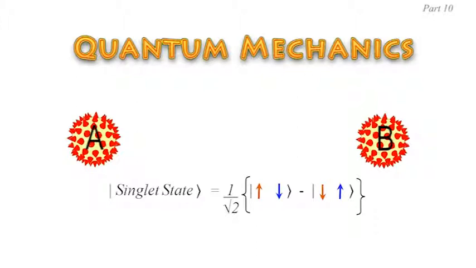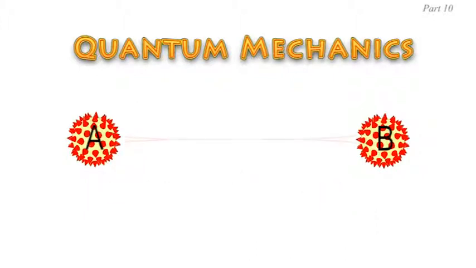And for this reason, some people prefer to draw them as being connected in some way. These imaginary lines are meant to represent the fact that even though these electrons may be separated by vast distances, they are, in a sense, one single thing, the singlet state.